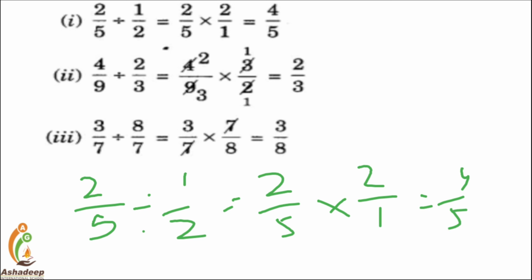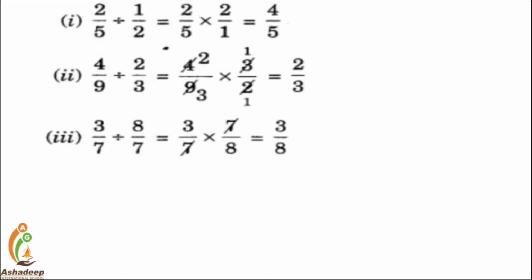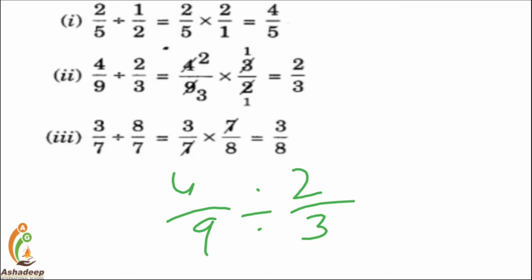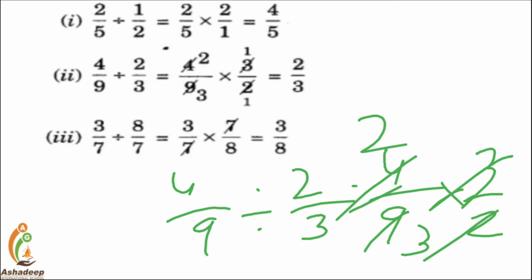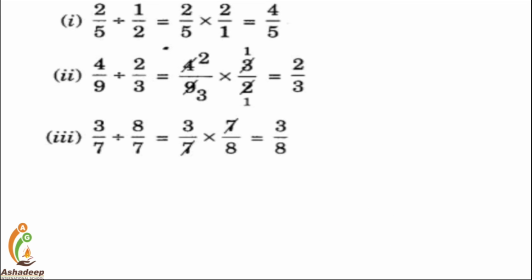So 4 upon 5. Then 4 upon 9 divided by 2 upon 3. Now 4 upon 9 multiplied by 3 upon 2. 3 3s are 9, 2 2s are 4. So the answer will be 2 upon 3.